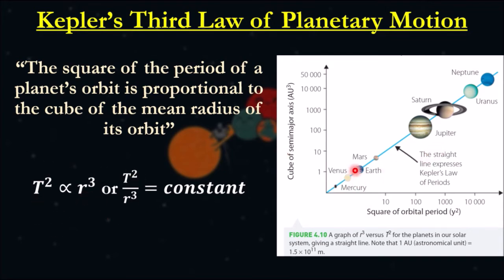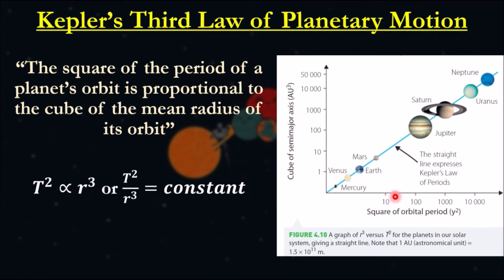So each planet here, if you actually look at this, we have the square orbital period down here, and we have the cube of the radius here. You can see each one of these planets falls on this line of best fit of ours.